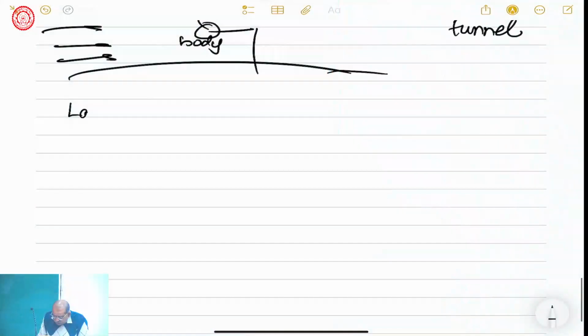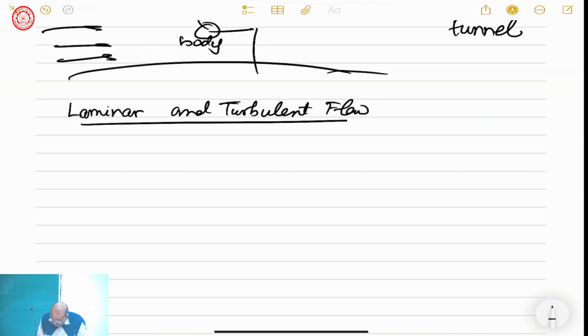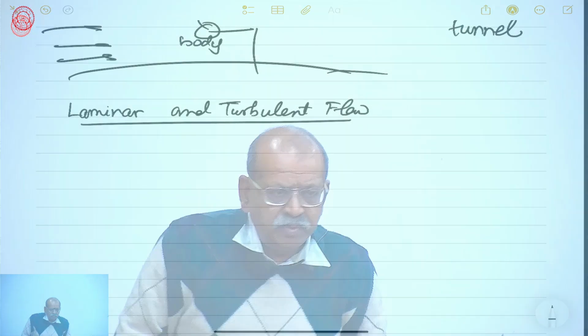Now, I am introducing you to some of the aspects of fluid mechanics. Another thing which you will find, which is peculiar to fluids, is a classification called laminar and turbulent flow.